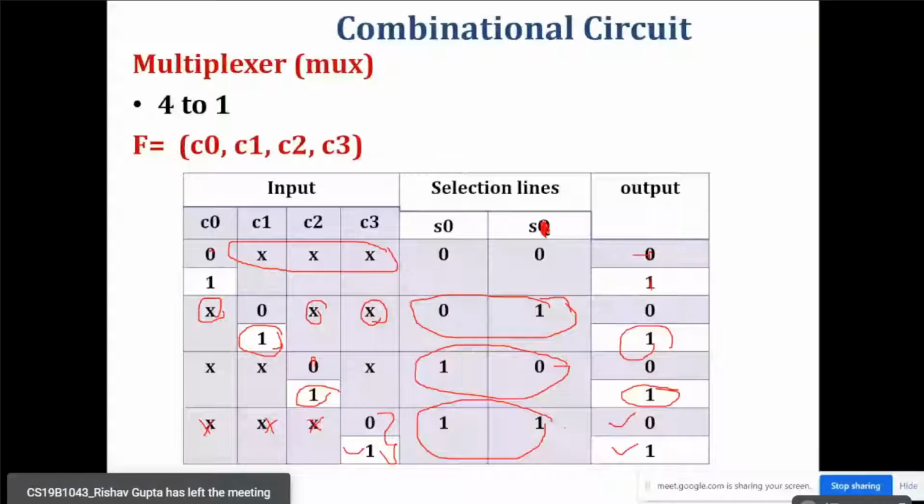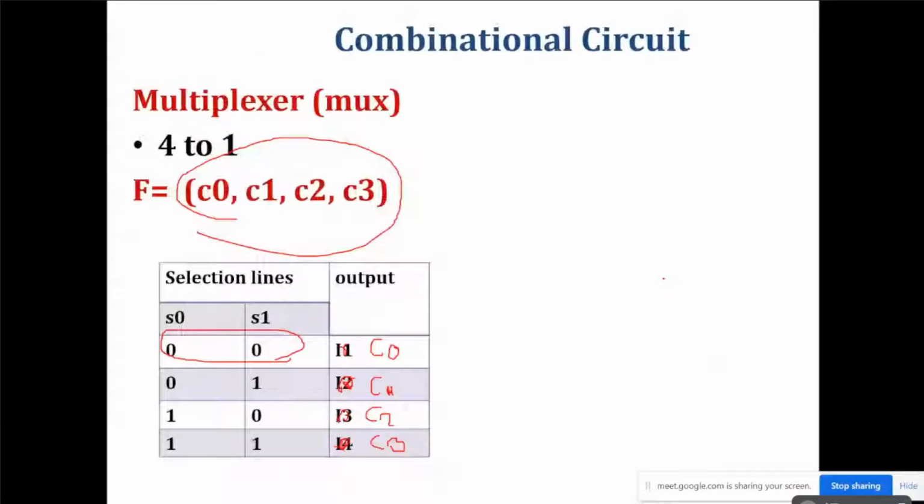So to obtain the Boolean expression, what will it be? We want the output to be selected when the appropriate combination of the selection line is there.